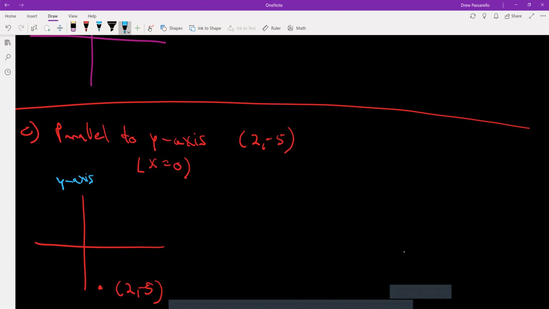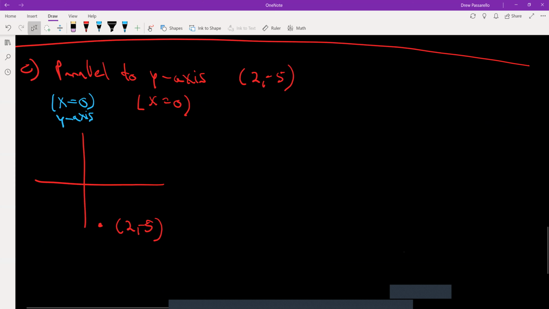That's a vertical line, and it's got the equation x equals 0. So if I want to be parallel to that vertical line, I need another vertical line. In this case, it's going to be the vertical line that goes through the point. That's not perfectly straight, but it goes through that point, and that's going to be x equals 2, the x coordinate of the point through which it goes.